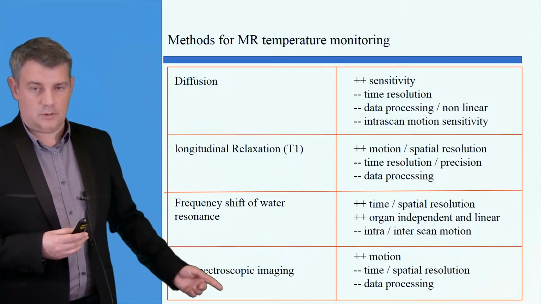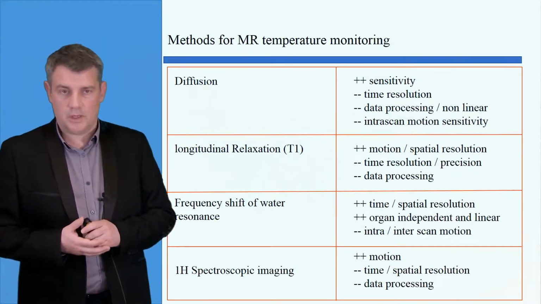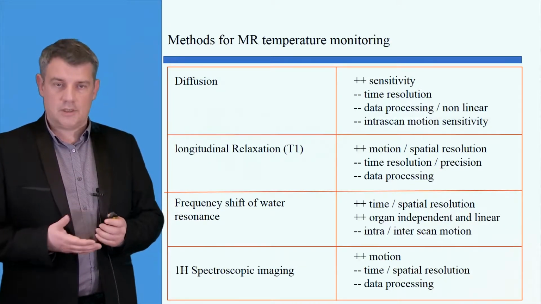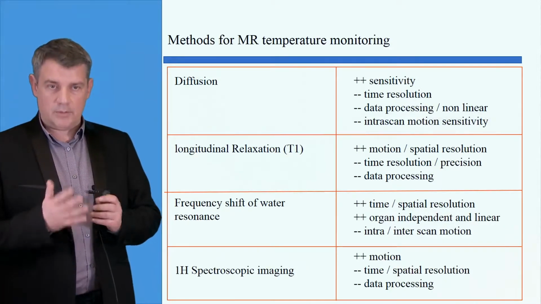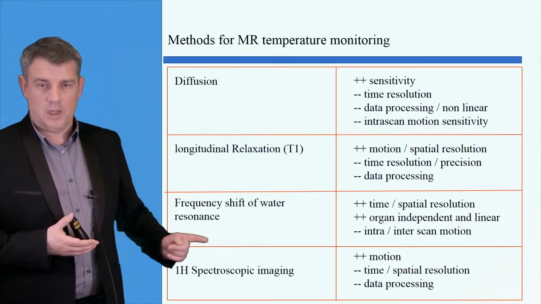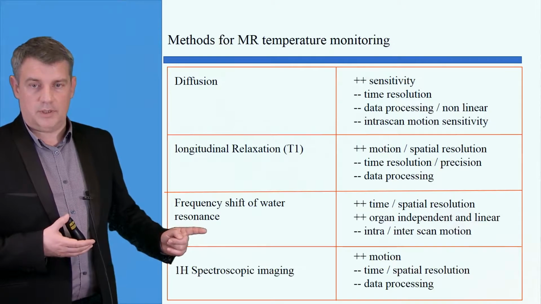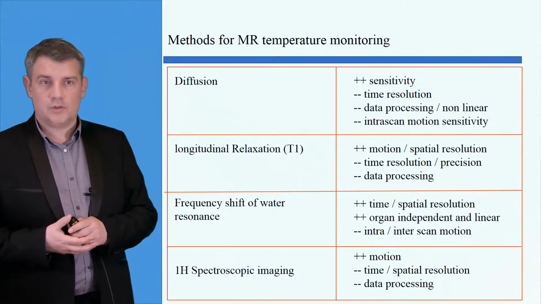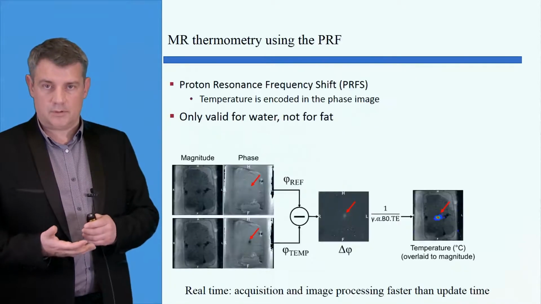You can also use spectroscopy to do that. This table shows you some advantages and drawbacks of each method. I'm not going to enter deeply into the details, and I'm going to focus this talk on the technique called the PRF, the proton resonance frequency shift, and try to show you some examples and how it works.